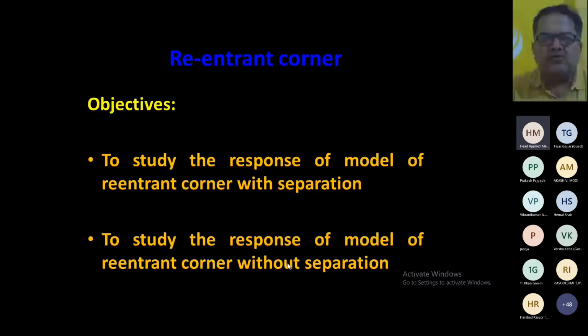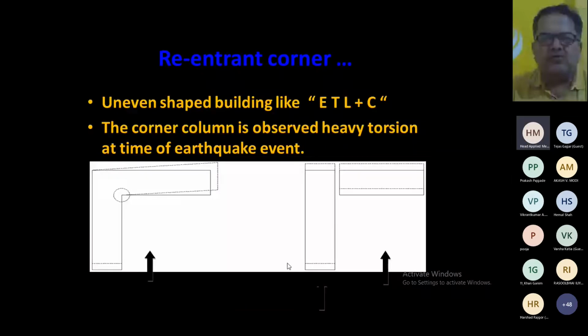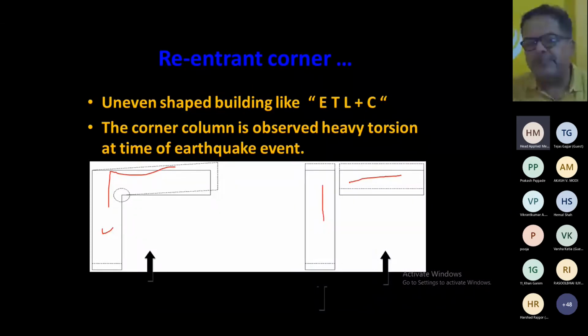We prepare a model in such a way that this is an L-shaped building, L-shape like this. We prepare two different models. They are regular in nature, and then we connect them here.